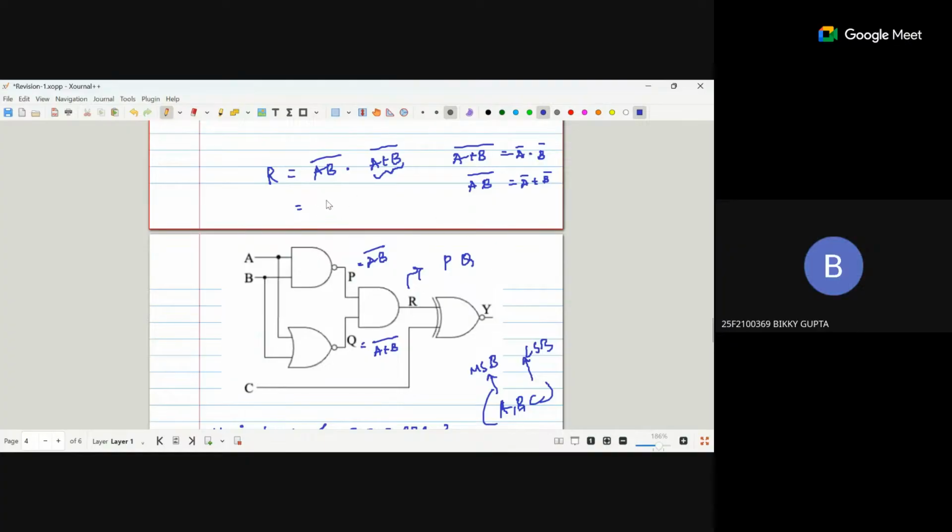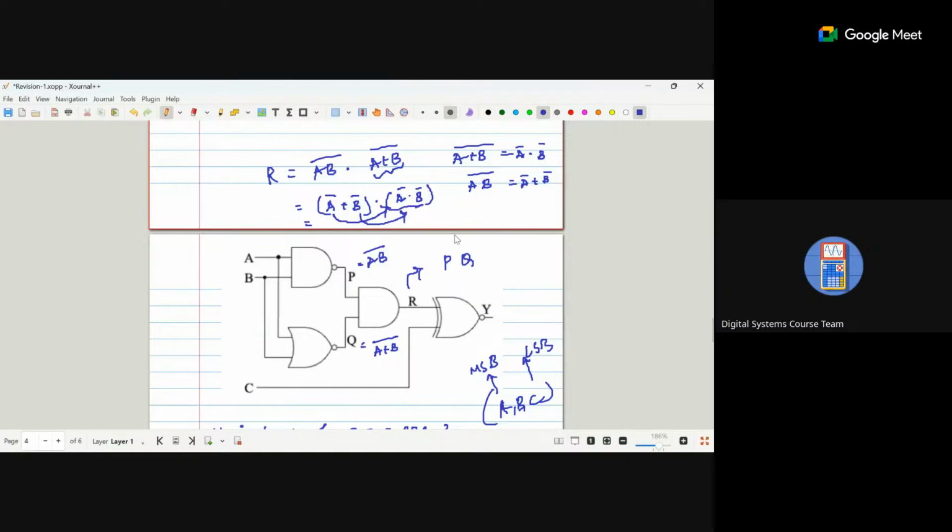Yes, ma'am. Okay, so now if I'm substituting that here, A bar plus B bar AND gate, for A plus B I have A bar dot B bar. Again, we can use the distributive law. A bar will get AND gate with this one plus B bar with this one, the whole term.